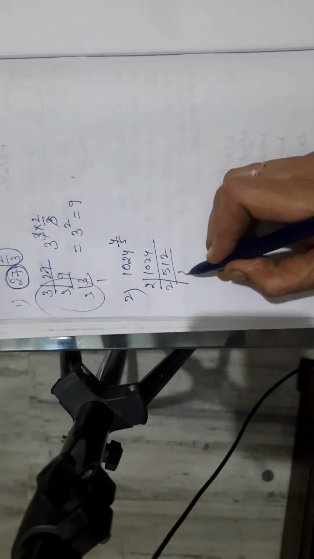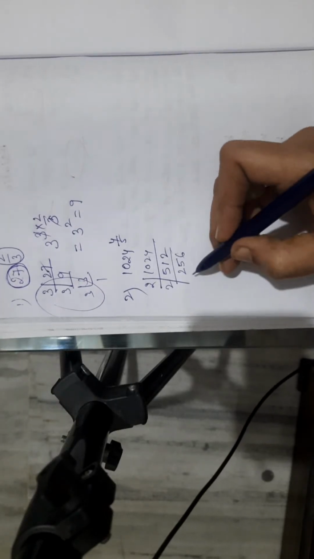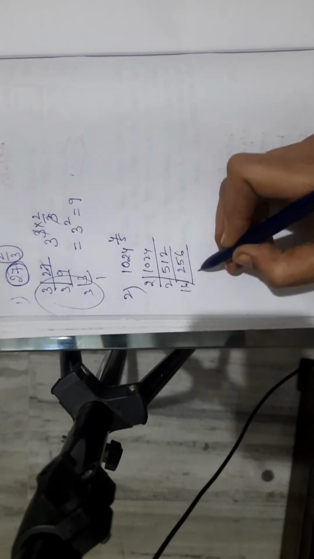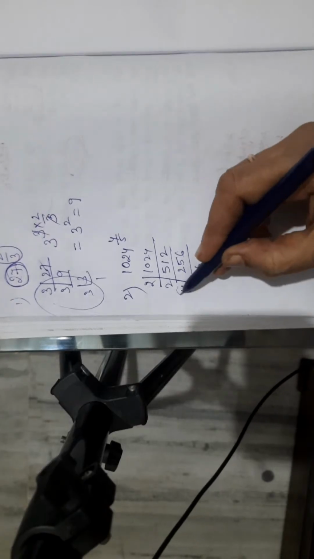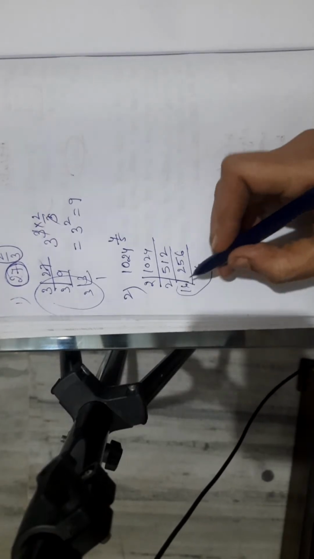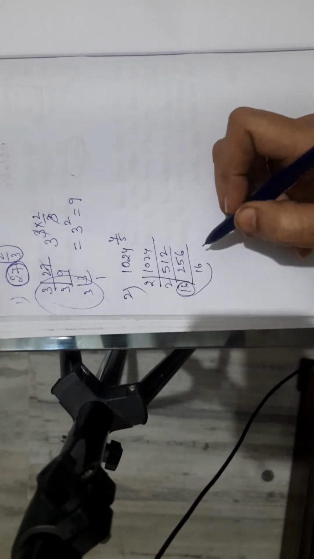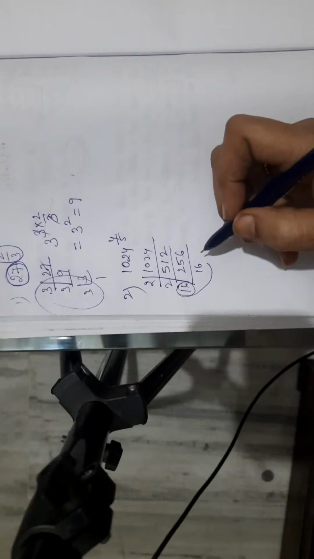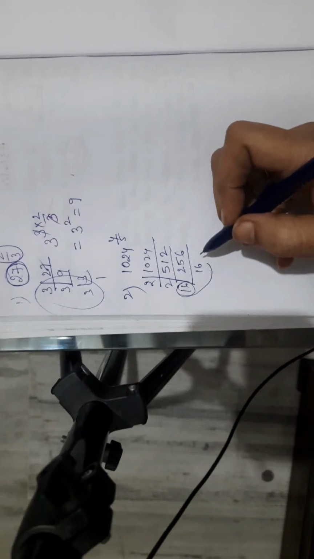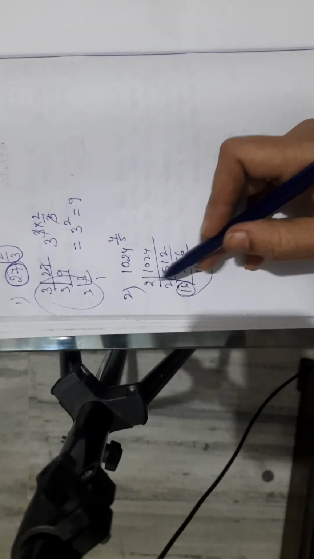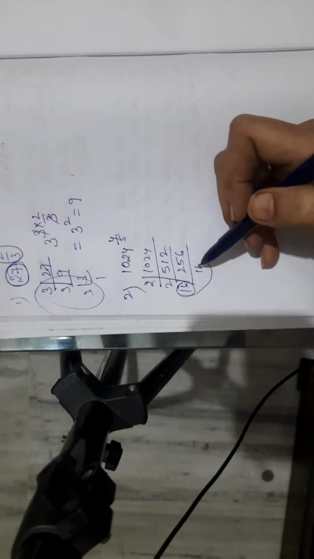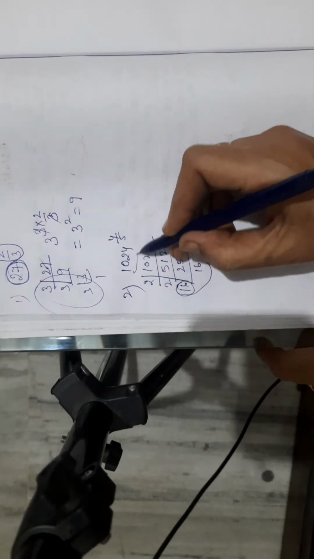Then 256 is 16 square. So we are getting 16 two times. And moreover, instead of going to 16, 16 is 2 raised to 4. Here I feel some mistake is there. Okay, this is 4 raised to power 5.